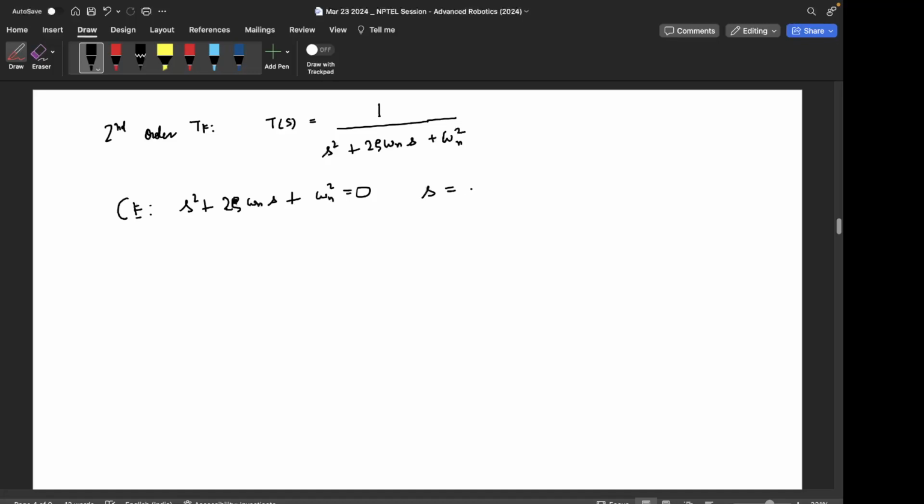So s can be written as minus b plus minus under root b square minus 4ac by 2a, that is 2.